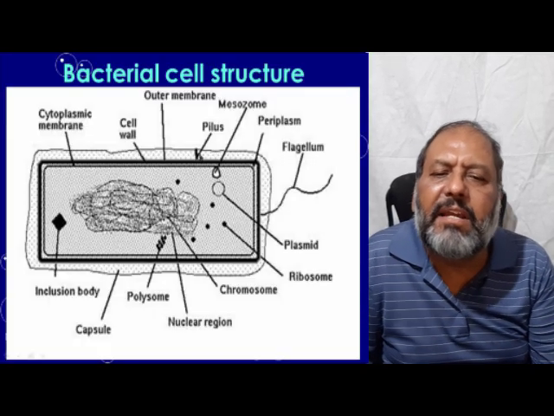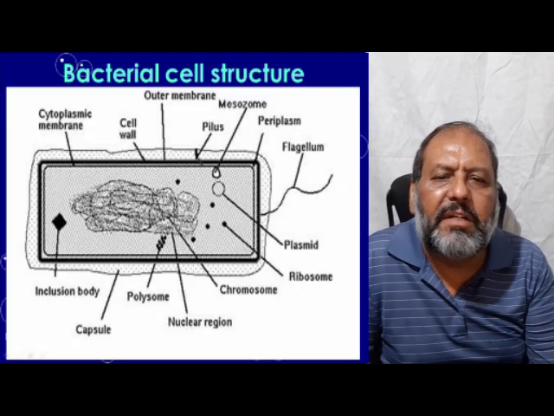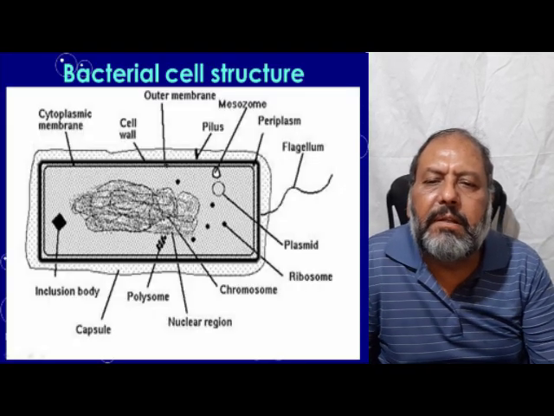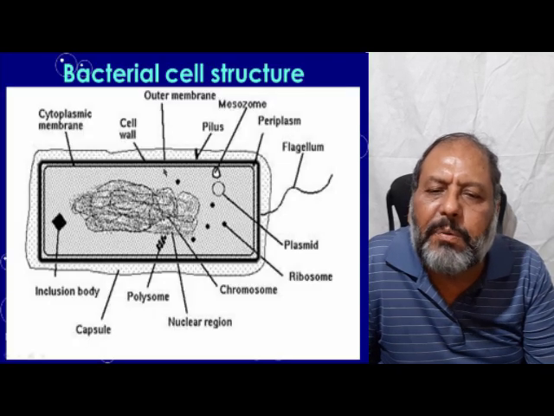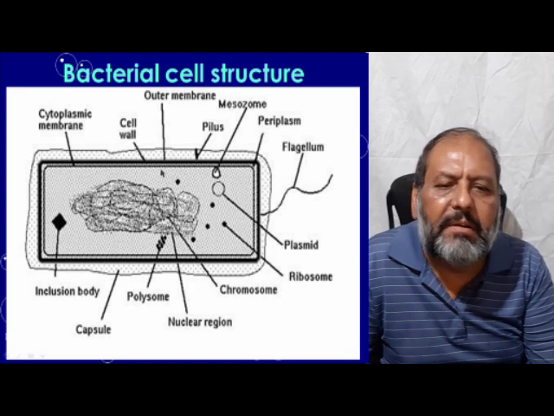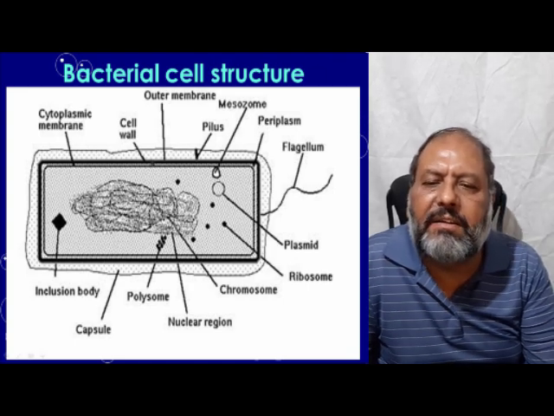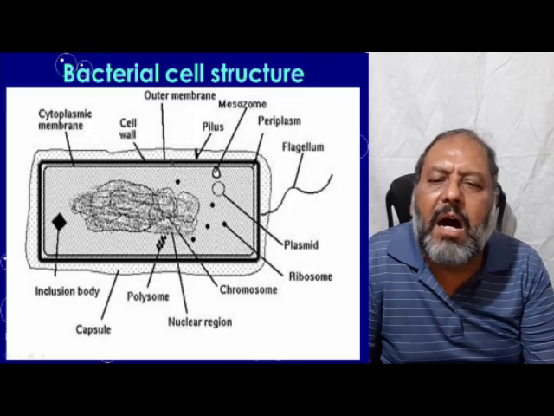Pilus is a hair-like structure which projects out from the cell wall. And then there is the outer membrane. Outside the cytoplasm there is the cytoplasmic membrane, outside of that is the cell wall, and then out of that is the outer membrane.